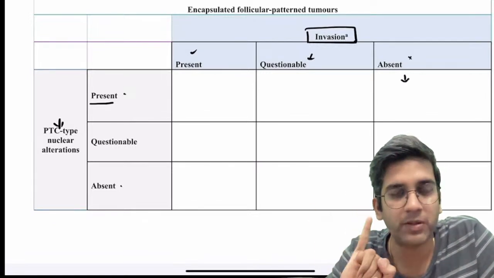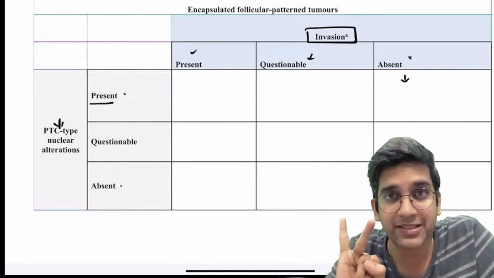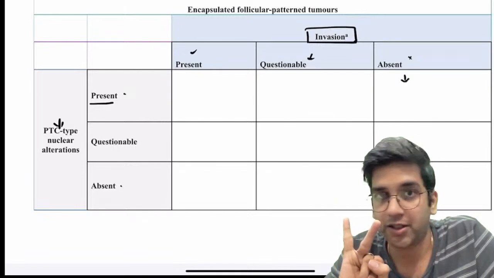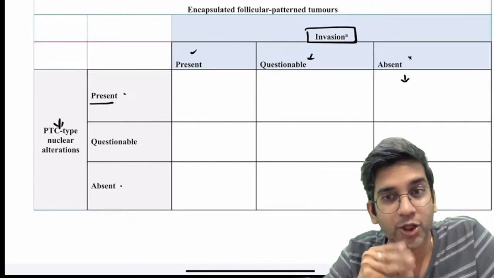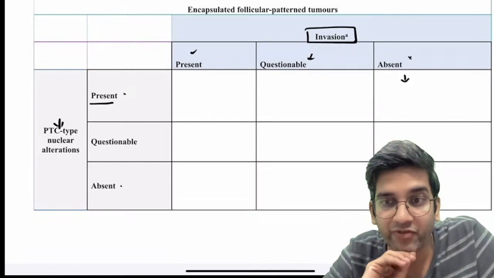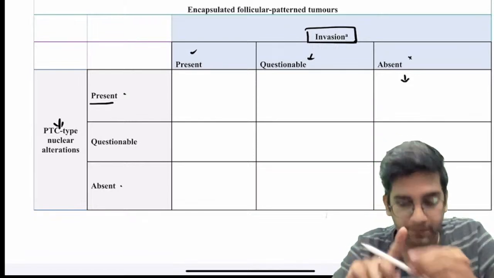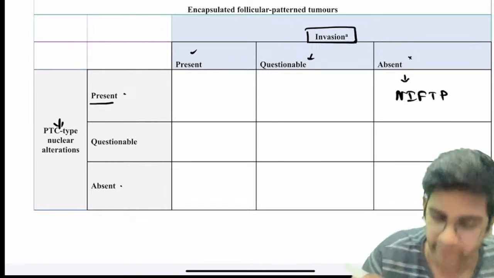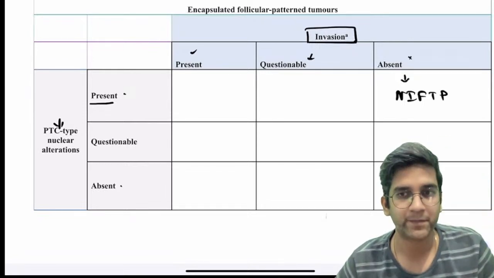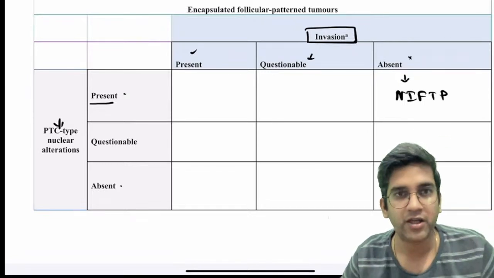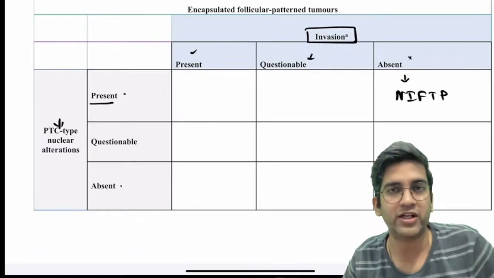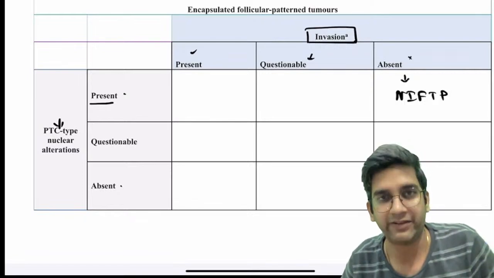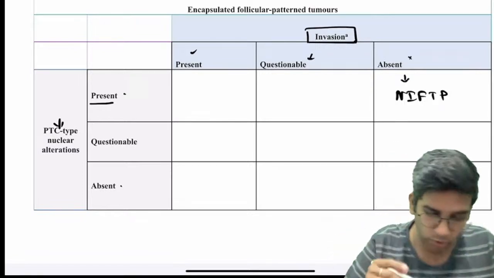No, invasion will be present. Will it be UMPs? No, because UMP will have questionable invasion. Will it be like what Francis said? NIFTP? Perfect. I'll have NIFTP. Amazing. That's what I'll have here: non-invasive follicular thyroid neoplasm with papillary-like nuclear features. Clear? Now let's go to the next one.